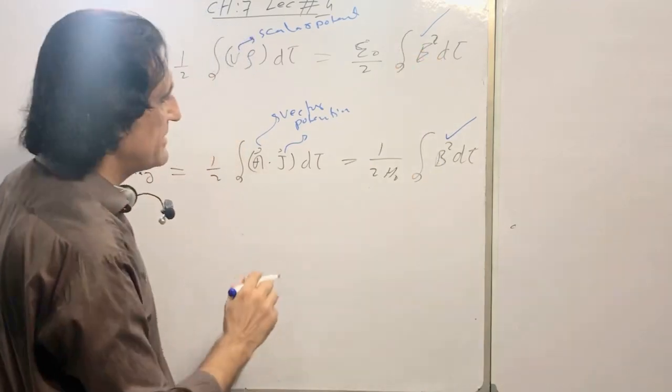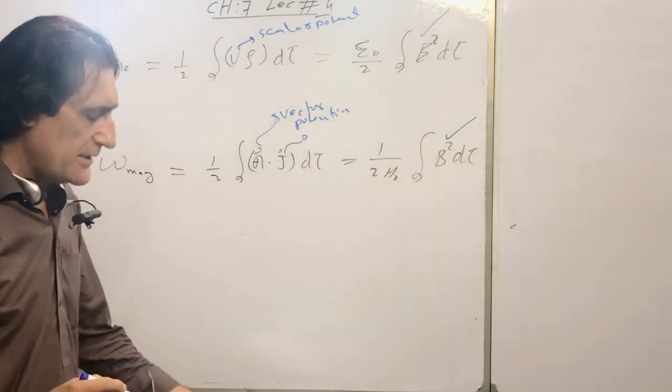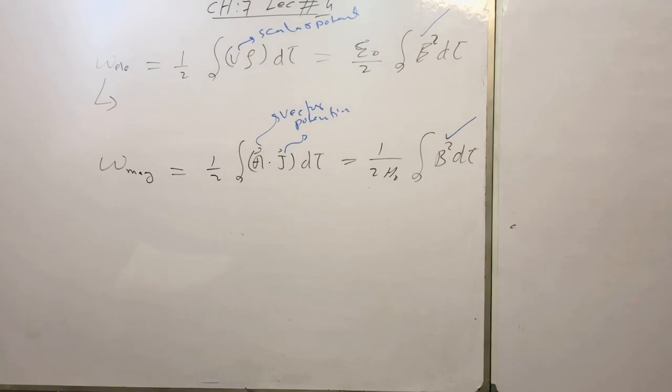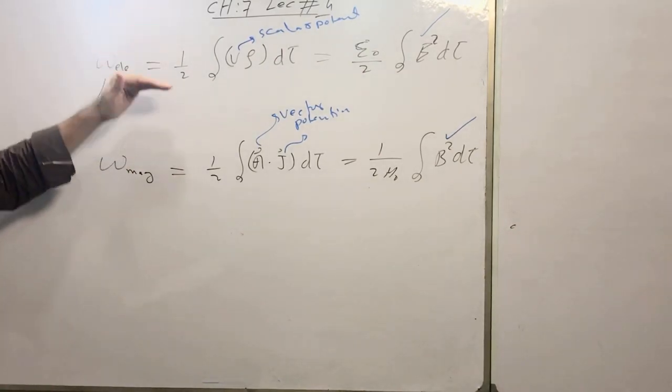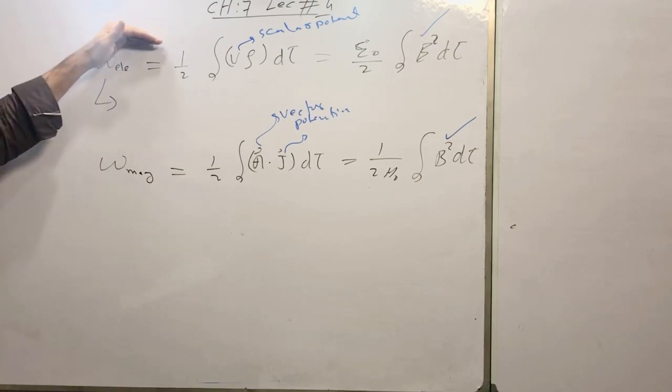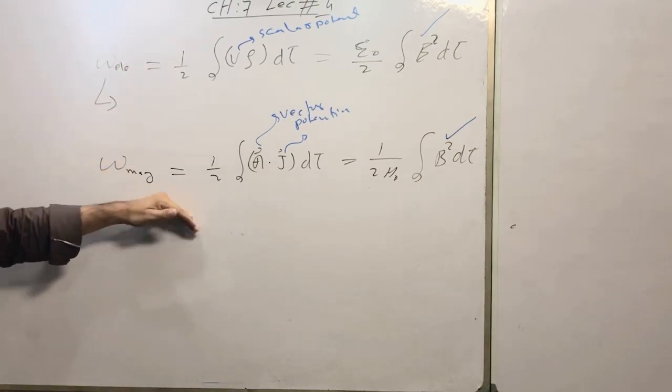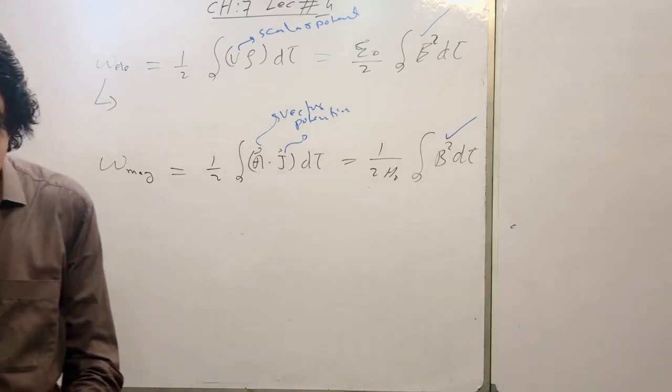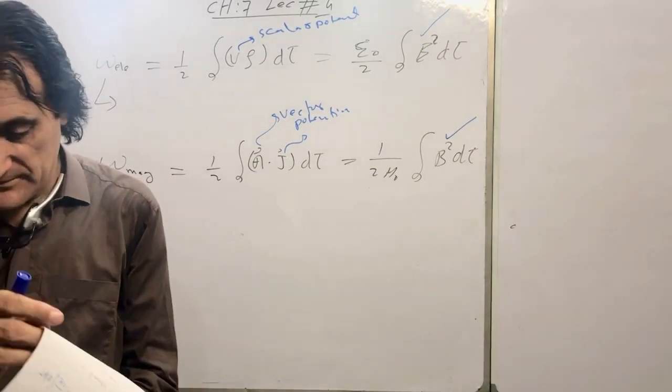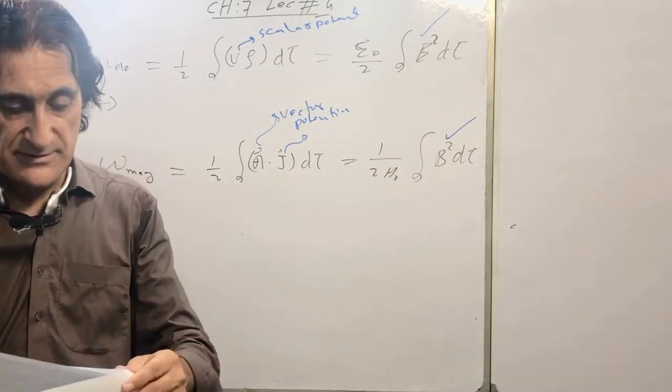So there is some similarity, and we also have the mu naught, which comes in the magnetic field. So there is some similarity between the energy stored in the electric field and the energy stored in the magnetic field. Both have the same form of equation, but a little bit different.